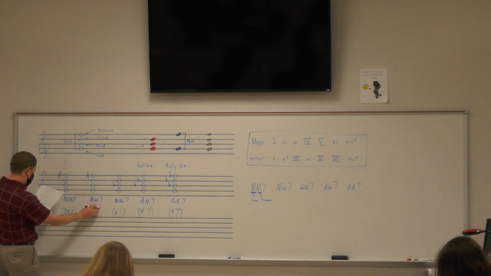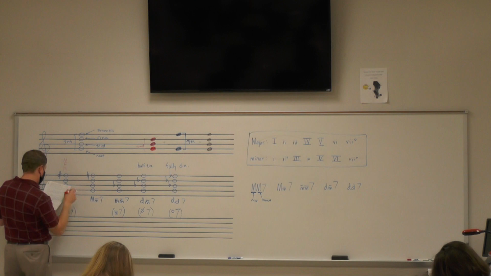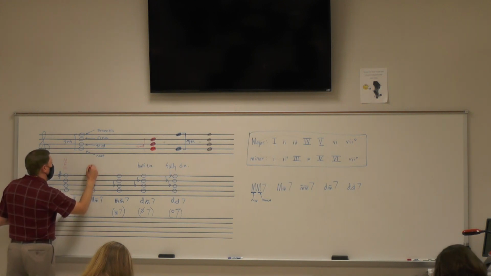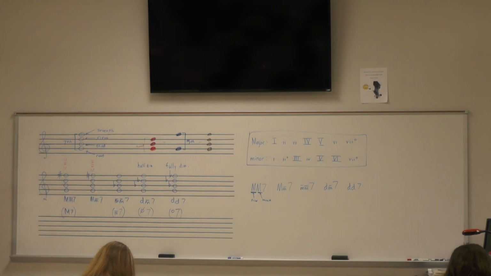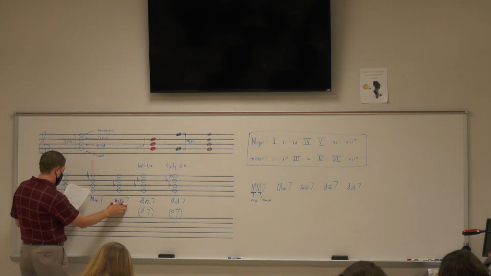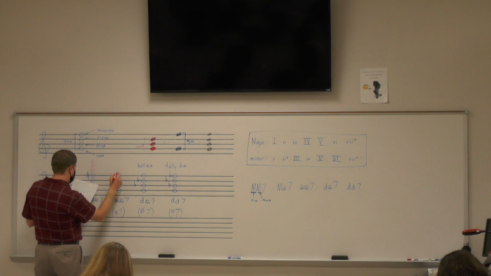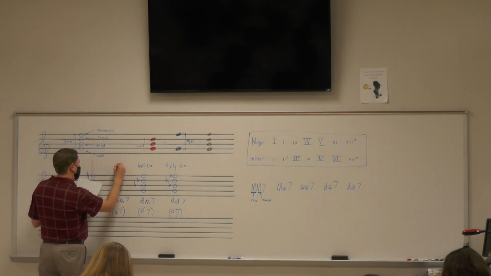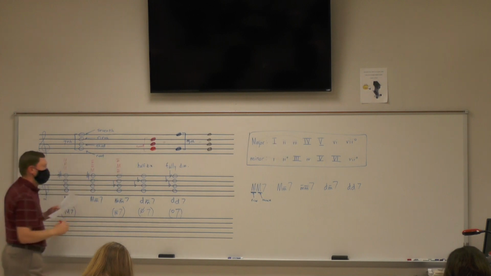This type of seventh chord here, the major minor seventh: major third on the bottom, minor third in the middle, minor third on the top. The minor seventh will consist of a minor third on the bottom, a major third in the middle, and a minor third stacked on top.